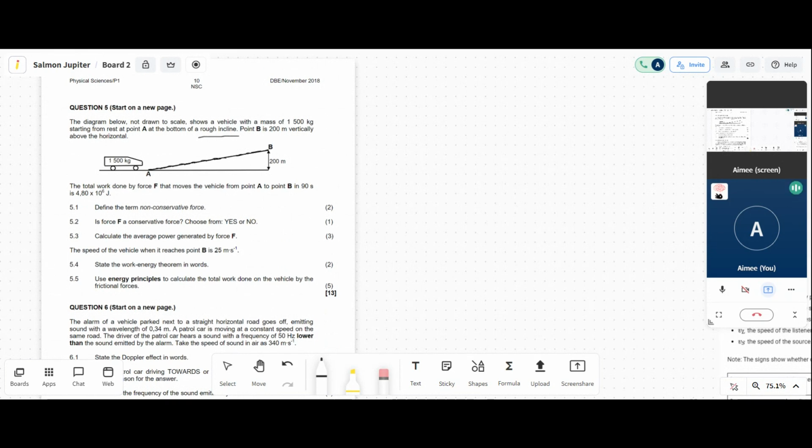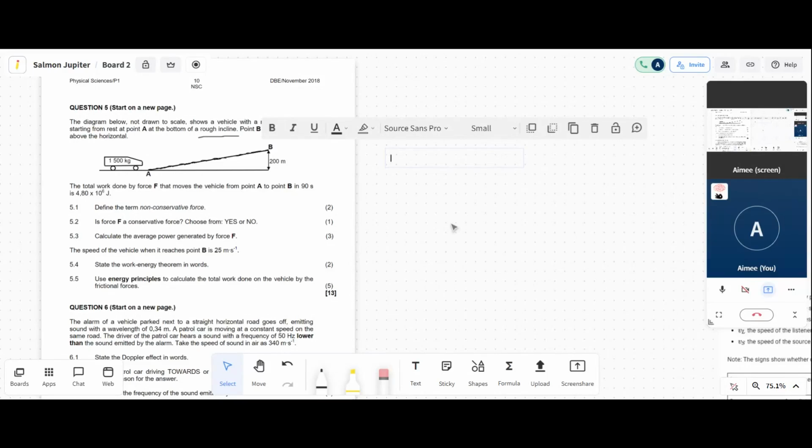On the memo, they have the official definition as a force is non-conservative if the work it does on an object which is moving between 2 points depends on the path taken. Okay, so there's just something very important that I want to spend some time summarizing here quickly.